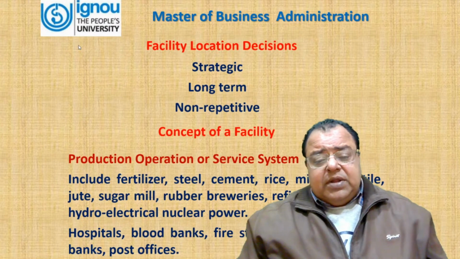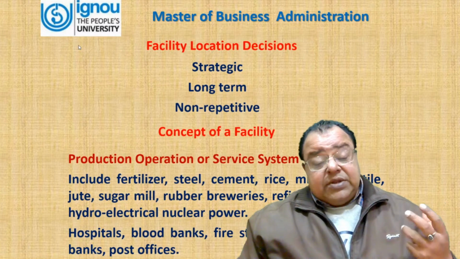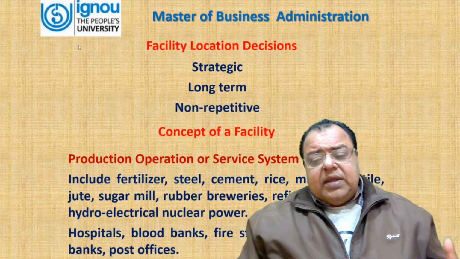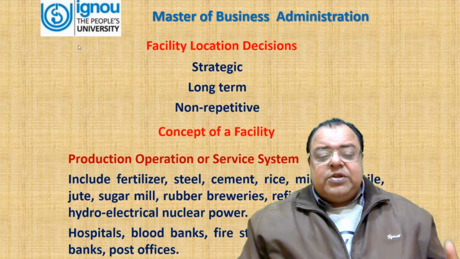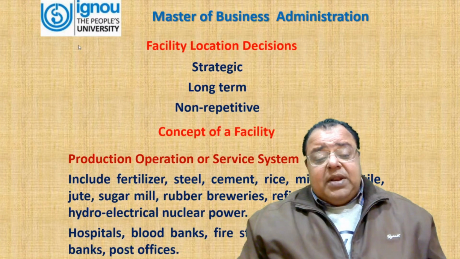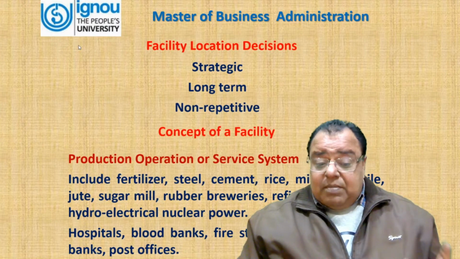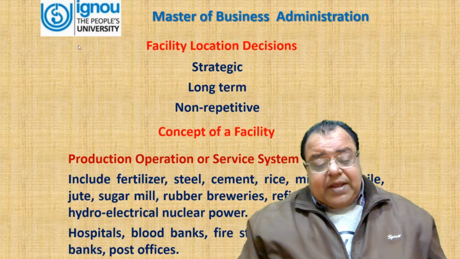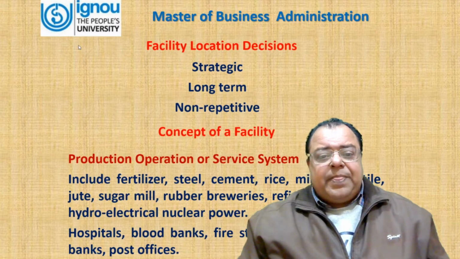This includes industries related to fertilizers, steel, cement, rice milling, textile, jute, sugar mill, rubber, beverages, refineries, thermal, hydroelectric, nuclear power, hospitals, blood banks, fire stations, police stations, banks, post offices, etc.